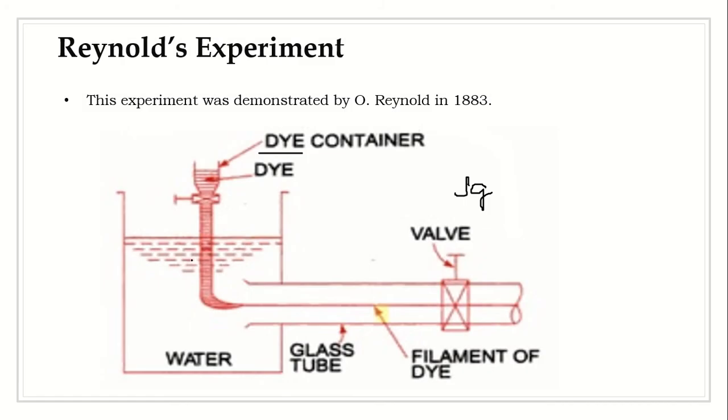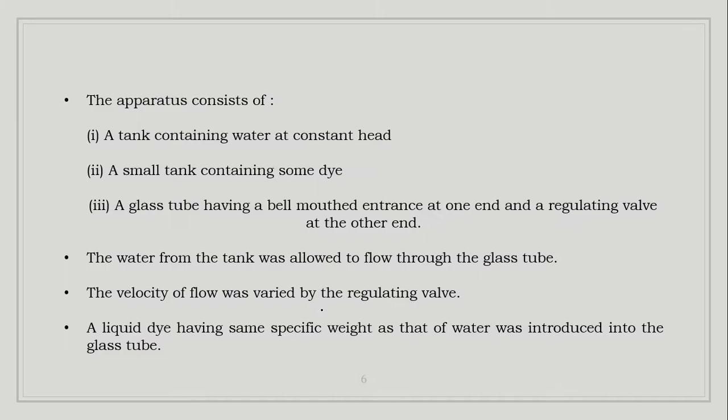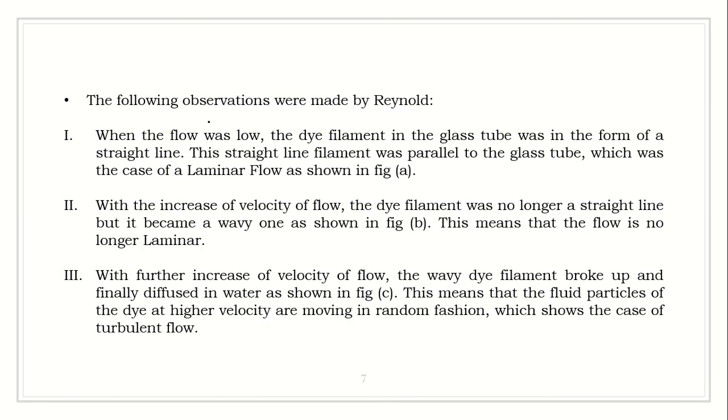Now listen, we have two liquids flowing. We have water flowing into this glass tube as well as a dye filament flowing into this glass tube. So when both the liquids were allowed to flow into the glass tube, Reynolds made the following observations.